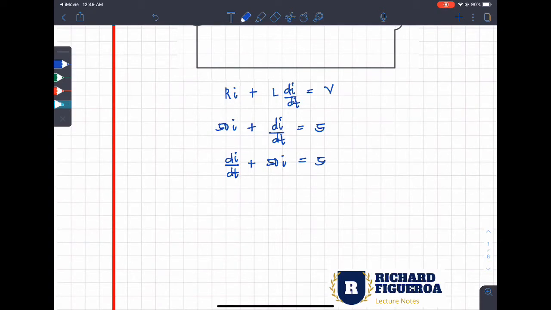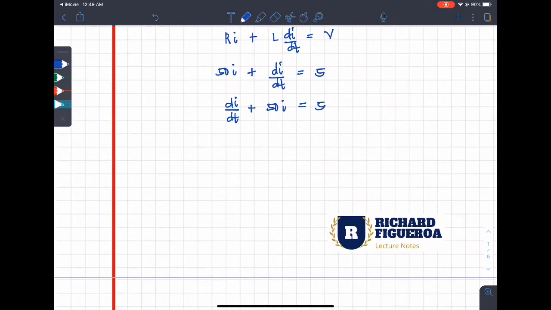The Laplace transformation of the derivative. Let's say for i, I'm just going to use the capital I. That would be s multiplied with I of s, minus I of 0.